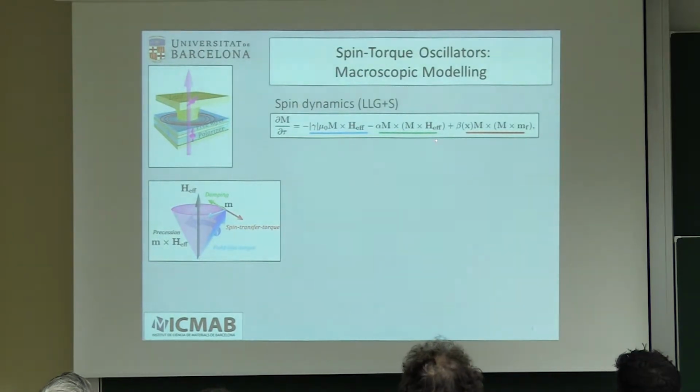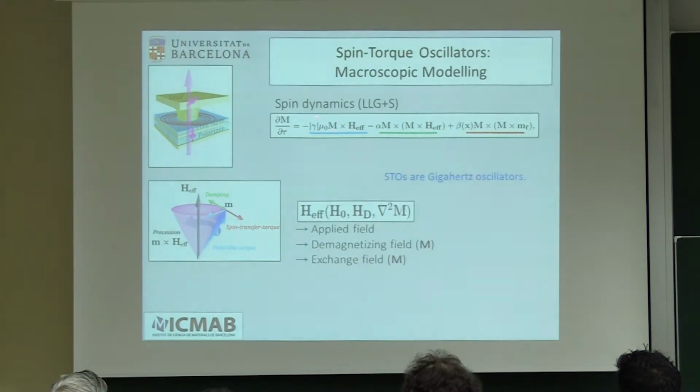If we forget for the moment this term, which is the damping, dissipation, and this one, which is the effect of the applied polarized current, we basically have an oscillator. It oscillates around the effective field, and the precession frequency is just the value of Ms times the effective field. But the effective field depends on the external applied field, so we can control the frequency of those oscillators.